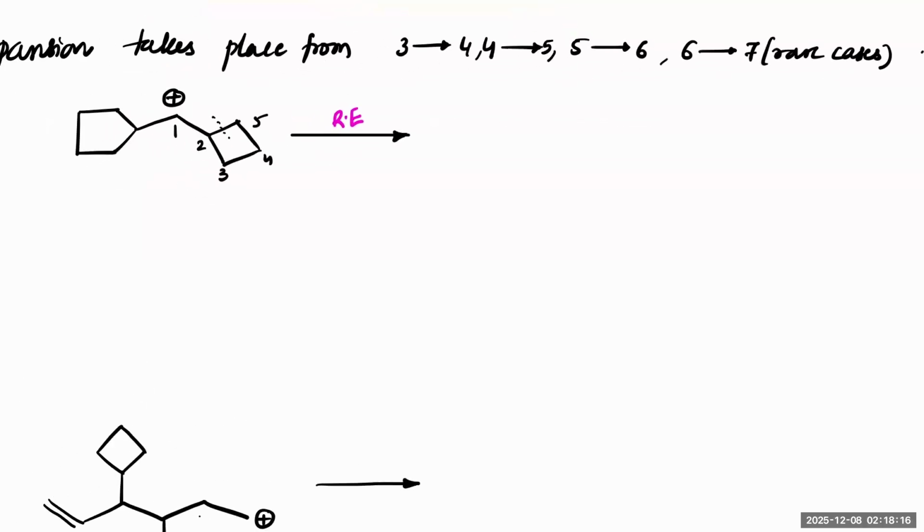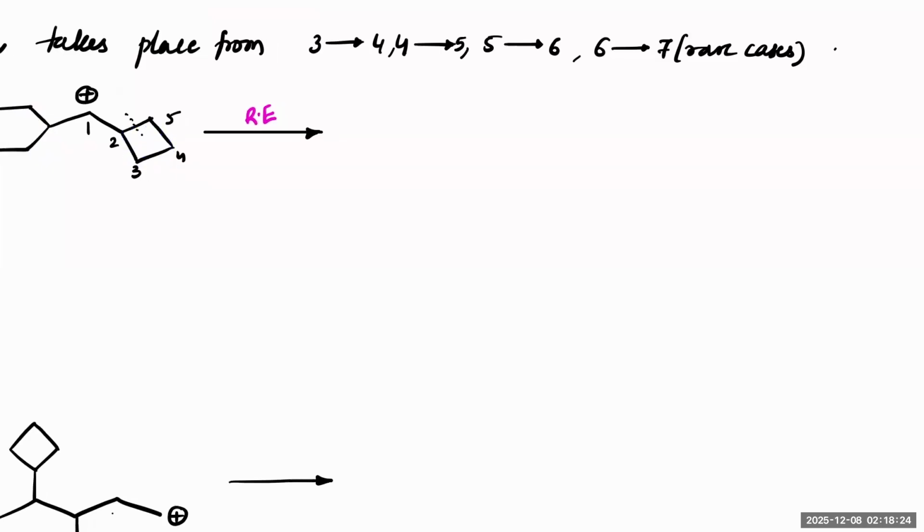Let me show you how to make this ring expansion. So it's clearly defined that there is a 4-membered and a 5-membered ring. The 4-membered ring, because it has more strain, will expand first. So what would I get here? First from here, on this carbon, we will have a 5-membered ring formation like this. So once it is connecting, let's say this is 1, 5, 4, 3, 2.